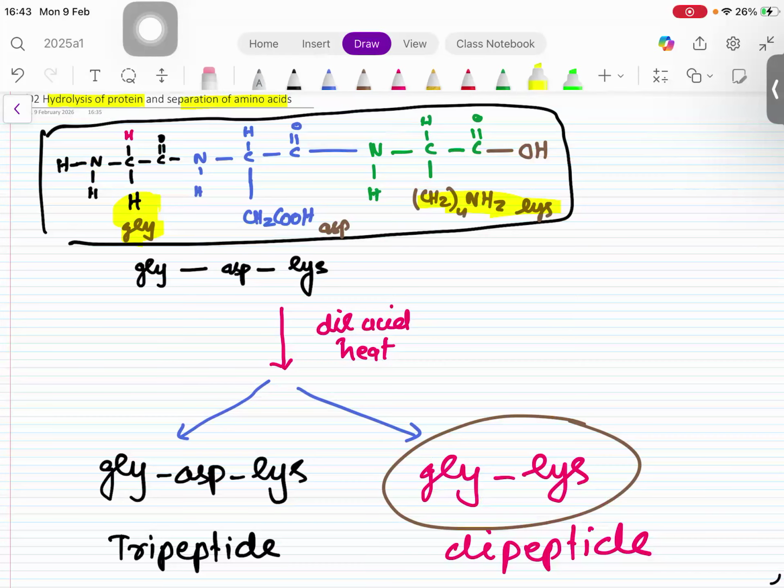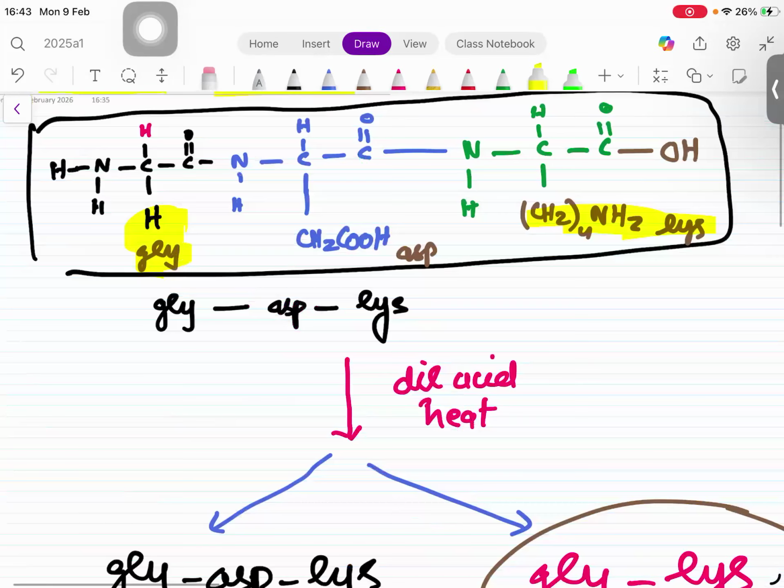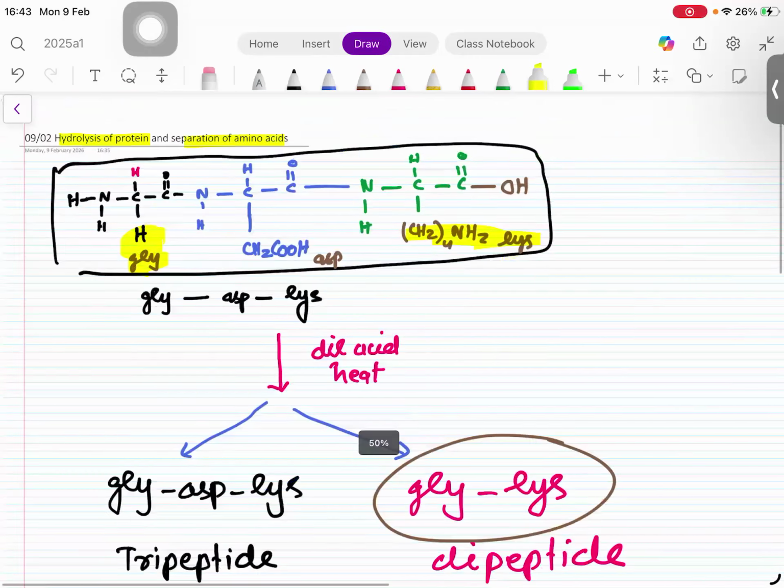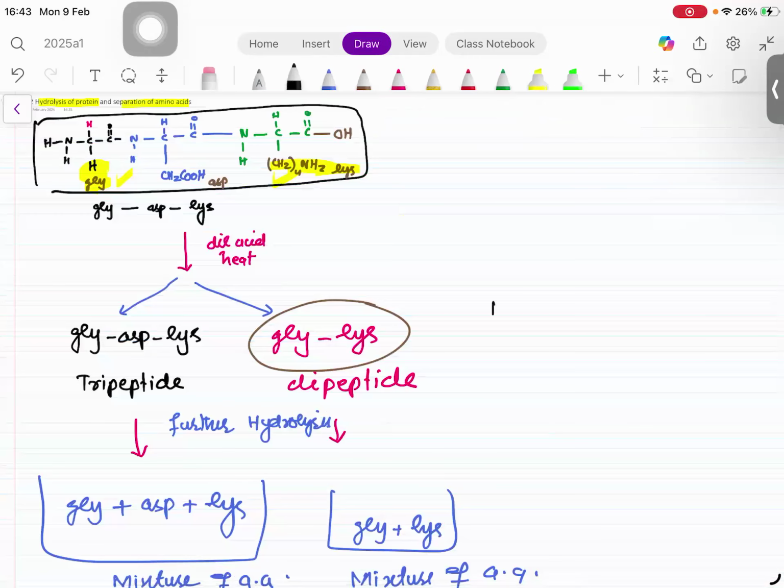Aris, can you show the structure of dipeptide showing glycine and lysine amino acids? Okay. Here is the glycine and here is the lysine. Just show the dipeptide showing these two amino acids.